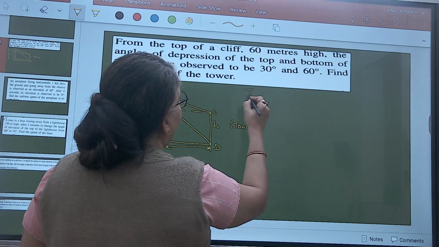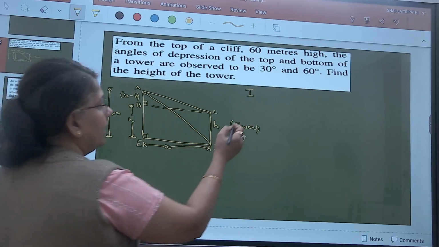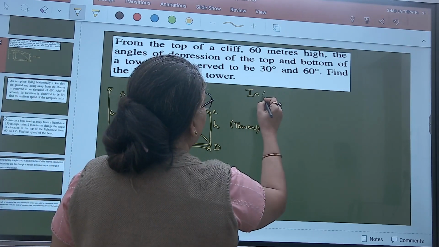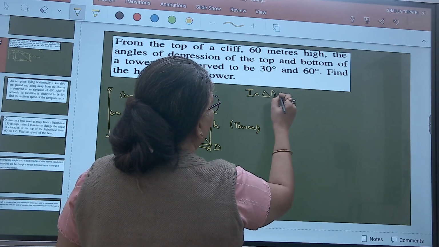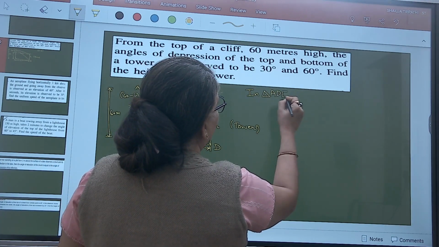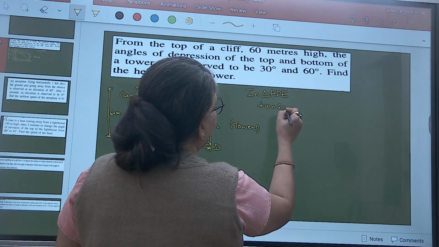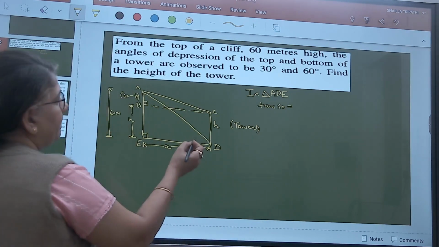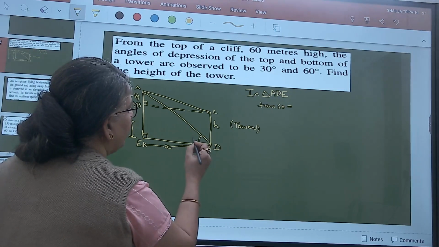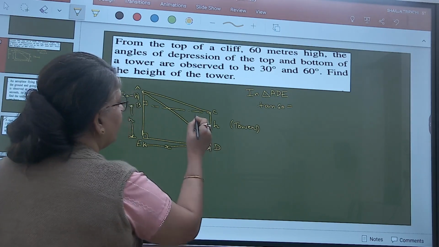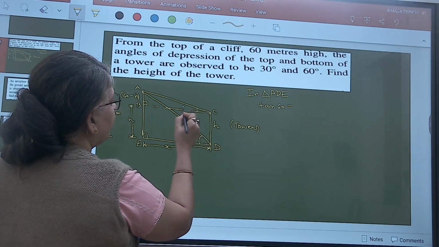See, in the bigger triangle ADE, we can write tan 60 is equal to, so this is 60 degree and this is 30 degree.